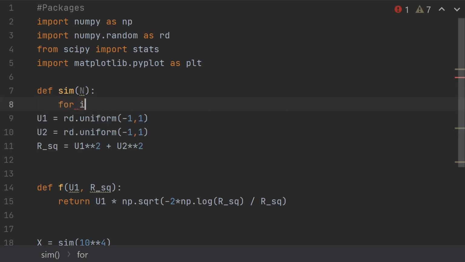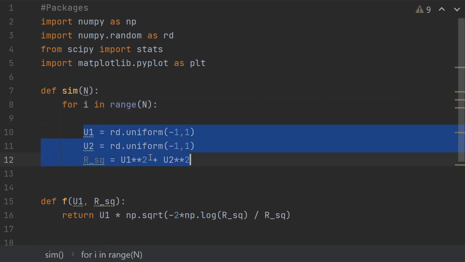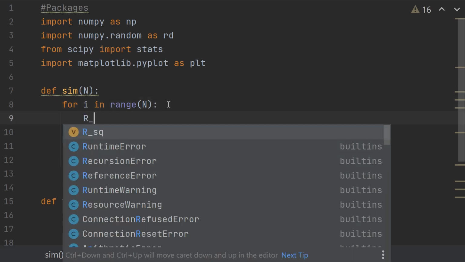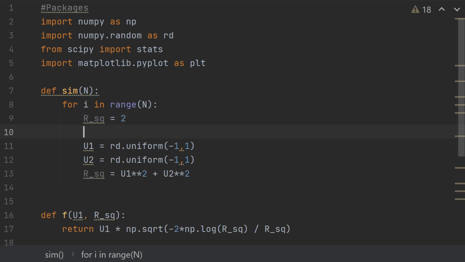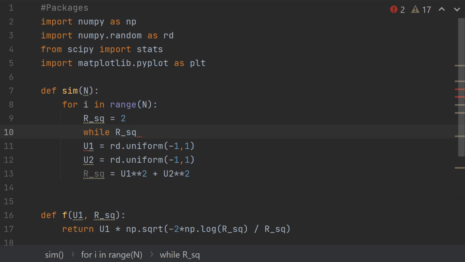So for i in range up to n, I could set r squared equal to 2, for example, something which is larger than 1, while r squared is larger than 1.